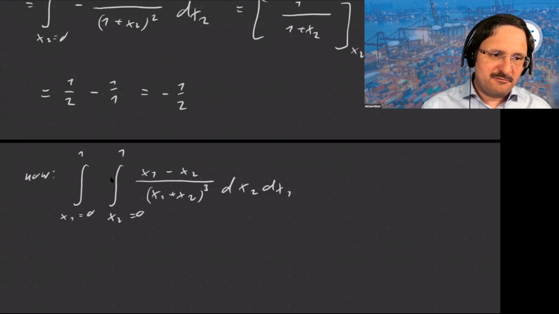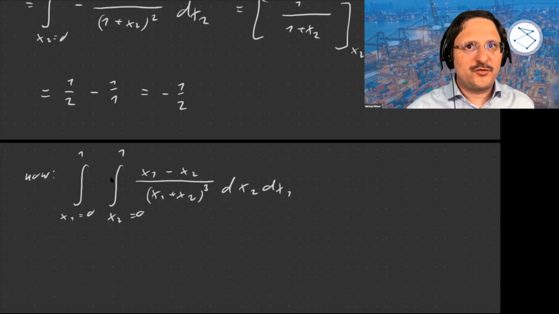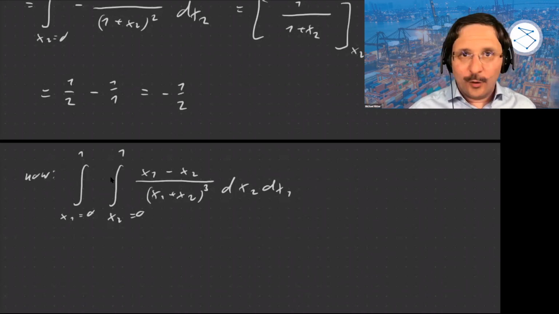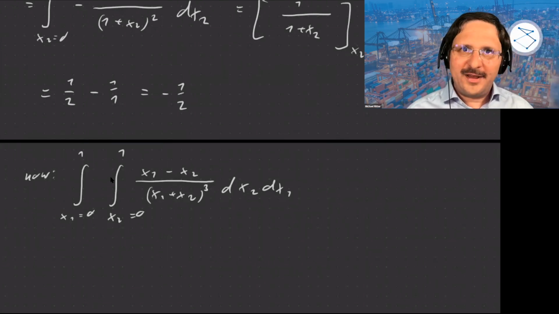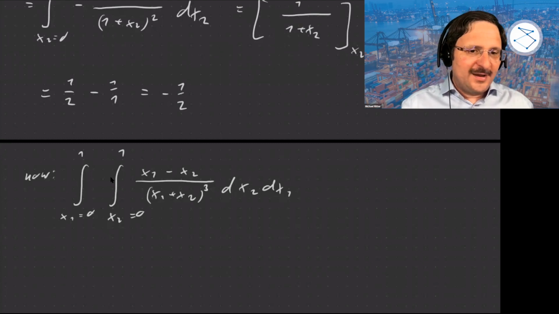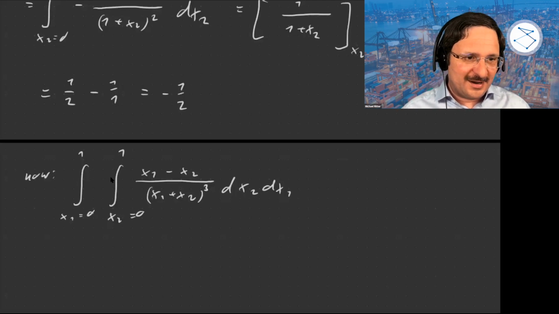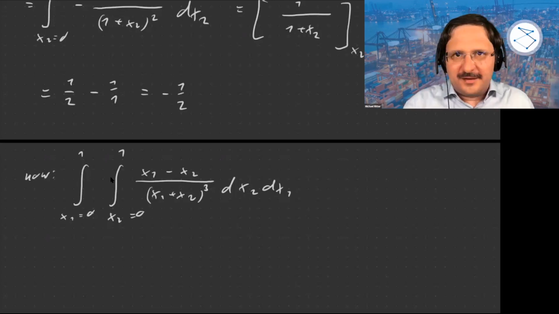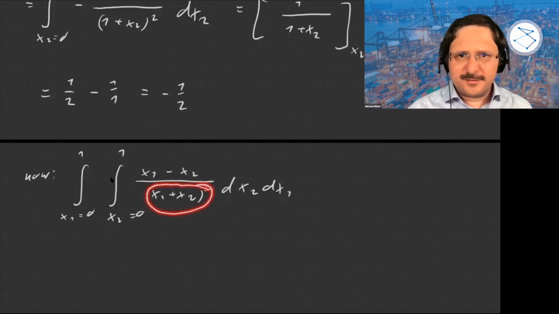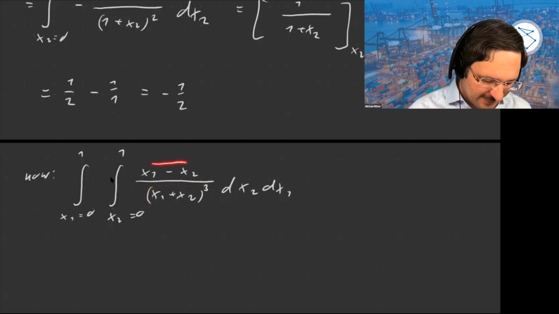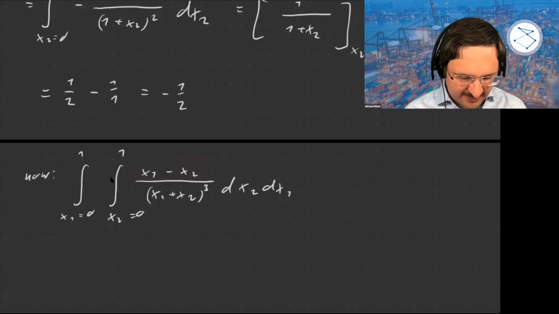And as you might imagine, we can, of course, just repeat the whole procedure to get the result, basically use the same techniques, or we could use a little trick. And as I've shown you the whole procedure already, I'm going to show you that trick now. But that really only works because we have done the work at least once. What we're going to do now is use the fact that that function is basically symmetric, right? So here, the order of x1 and x2 doesn't matter at all. Here it does. There's this minus sign in here.